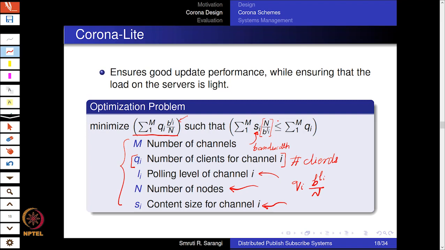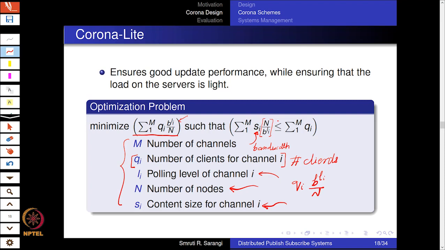So one main advantage of Corona is that we want to reduce the bandwidth requirement at the server, right? Because otherwise the server could just provide data to all the clients. We didn't need Corona in the first place, right?